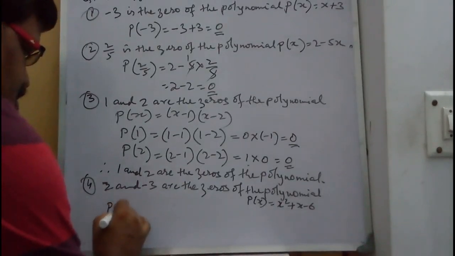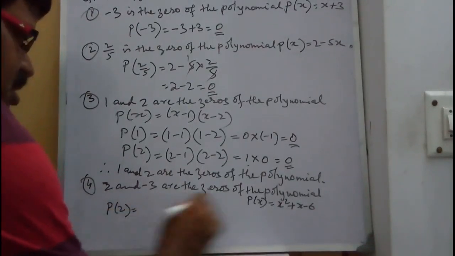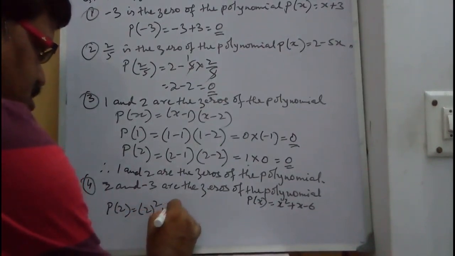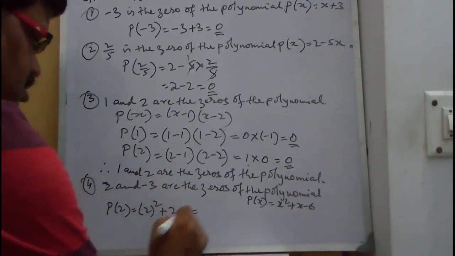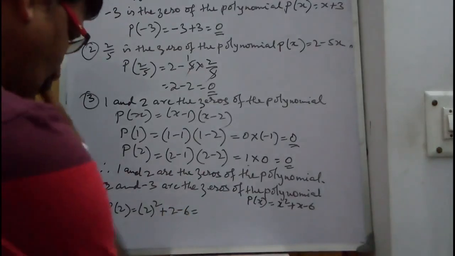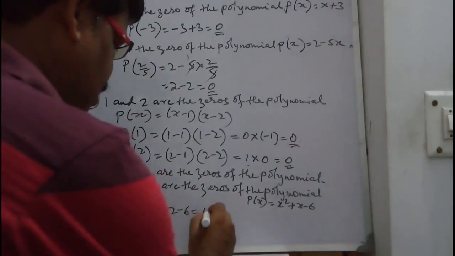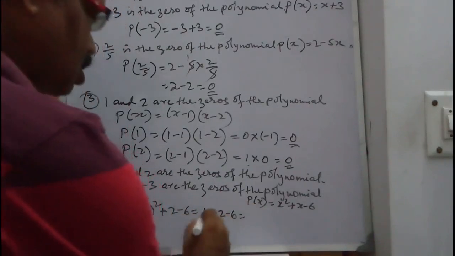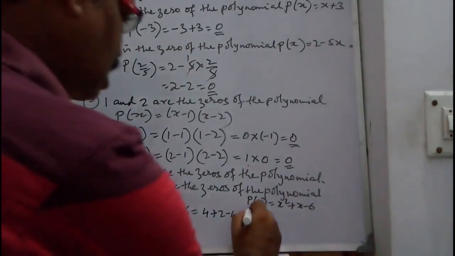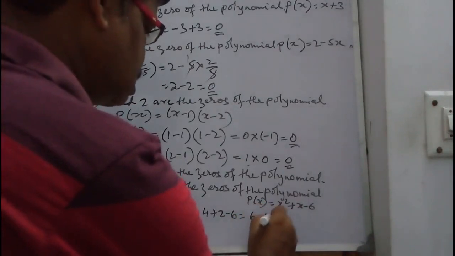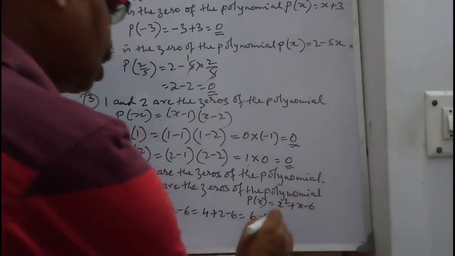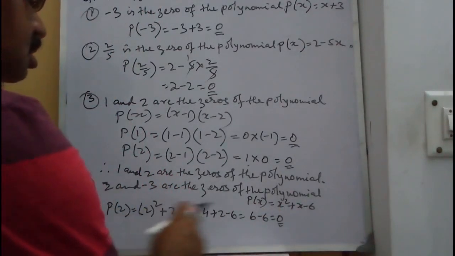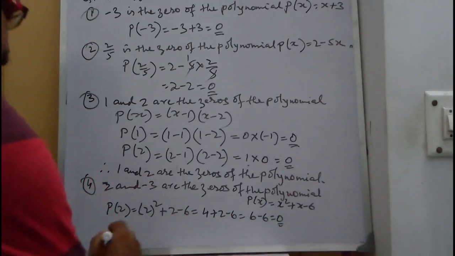So first you put 2 in place of x. So 2 square plus 2 minus 6. So 2 square is 4, plus 2 minus 6. So 4 plus 2 is 6, 6 minus 6 equal to 0. Now the answer is 0. Therefore 2 is the 0 of the polynomial.